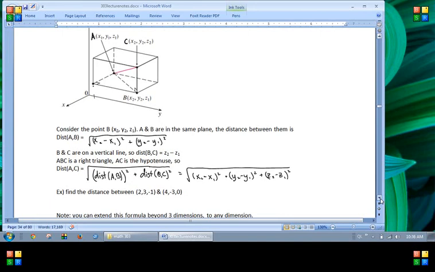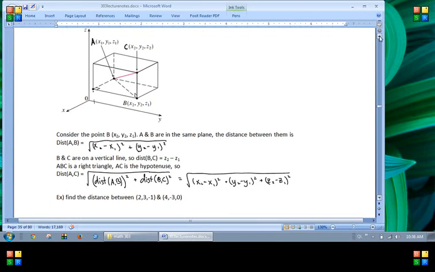Let's use it. So let's find the distance between these 2 points. So distance equals the square root of what?